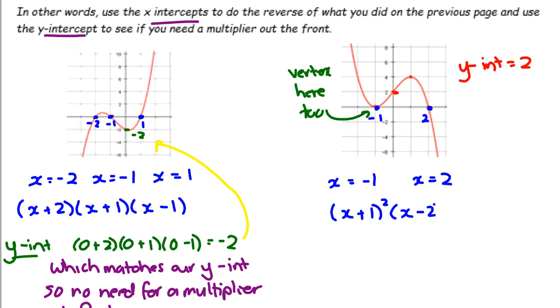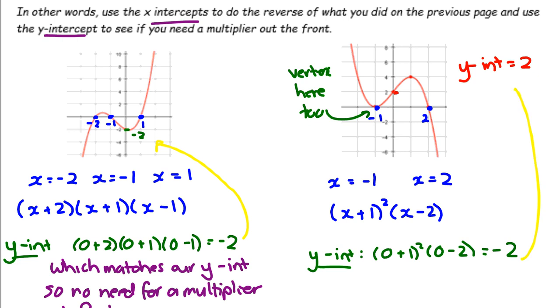Now what we've got to decide is, using our y-intercept test, does there need to be a multiplier at the front? So y-intercept test: x is 0 at the y-intercept. 0 plus 1 is 1, 1 squared is 1. 1 times 0 minus 2 is -2. But notice our y-intercept needs to be +2.